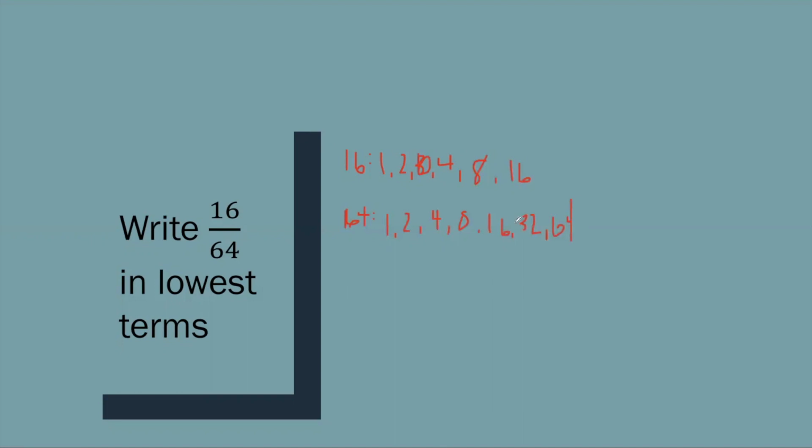So 16 is going to be our GCF. 16 divided by 16 and 64 divided by 16 gives us 1 over 4.